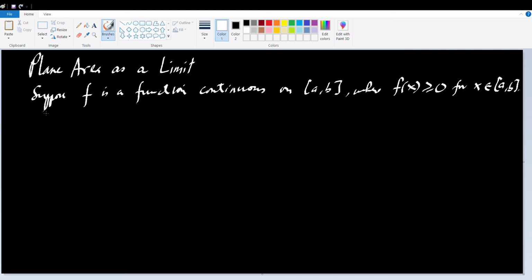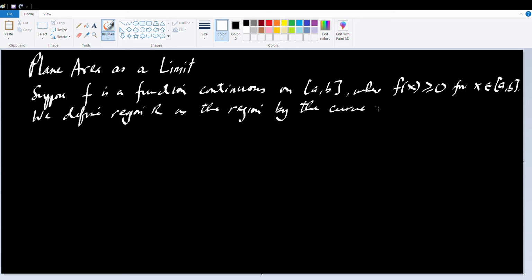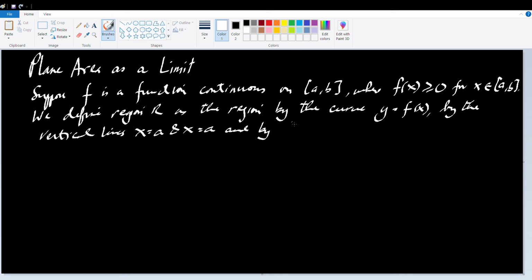We define region R as the region bounded by the curve y = f(x), by the vertical lines x = a and x = b, and by the x-axis.